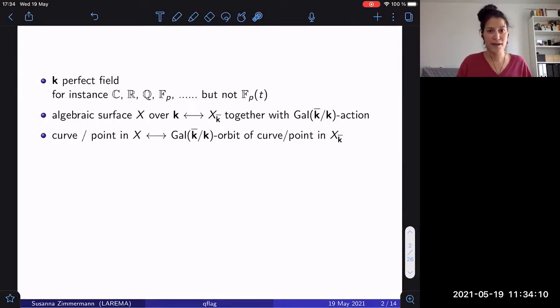And then a curve or a point, I see it geometrically. So for me, that's just a Galois orbit of a curve or a point over the algebraic closure.